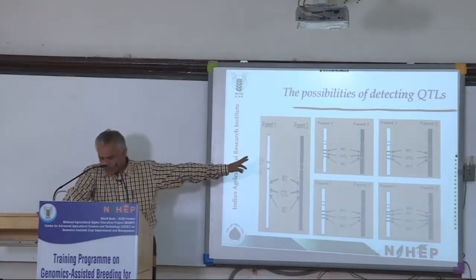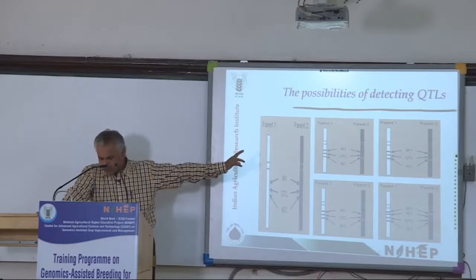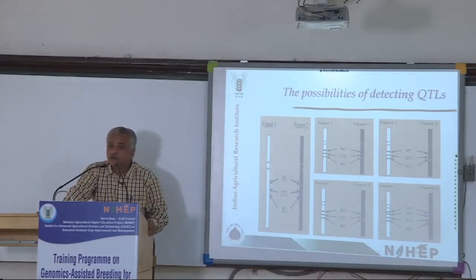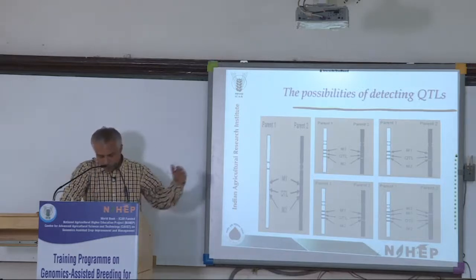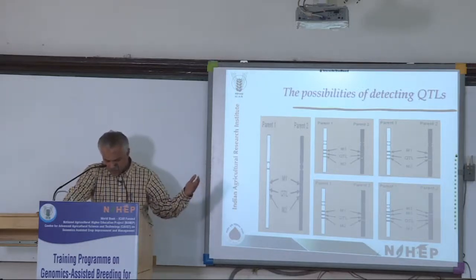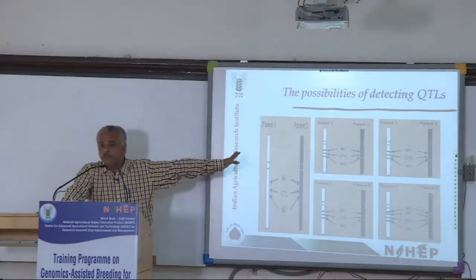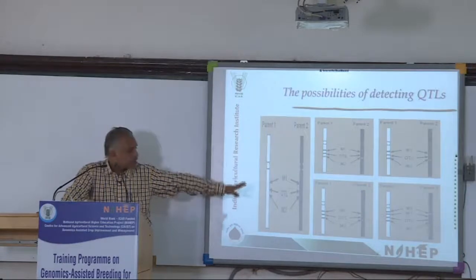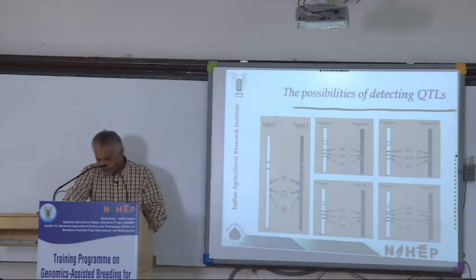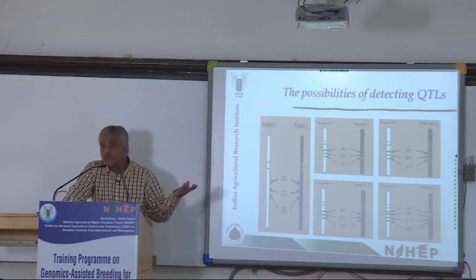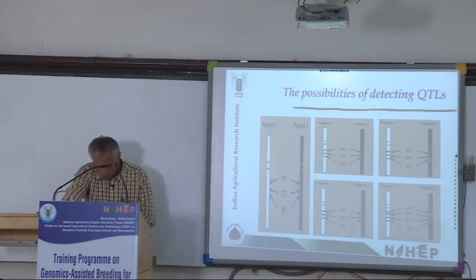In the next case, M1 is monomorphic, M2 is monomorphic, but the QTL is there, where you will not be able to map the QTL at all. In the third case, the QTL itself is monomorphic, so there is no question of mapping the QTL. In the fourth case, you have an additional marker which will help you to map the QTL.